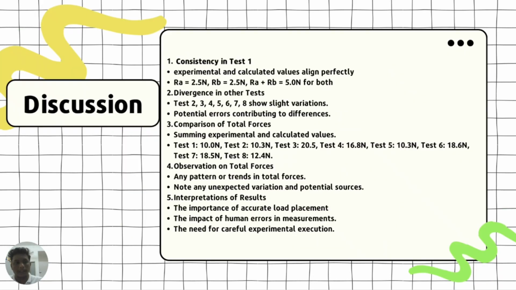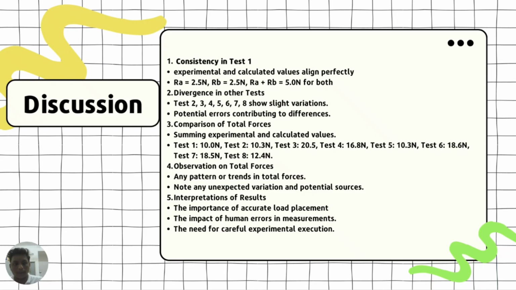So hello everyone, let's dive into the results of our beam analysis test. Starting with test 1, both the experimental and calculated values for RA, RB and RA plus RB align perfectly at 2.5 Newton, 2.5 Newton and 5.0 Newton respectively. This consistency in test 1 establishes a solid foundation.